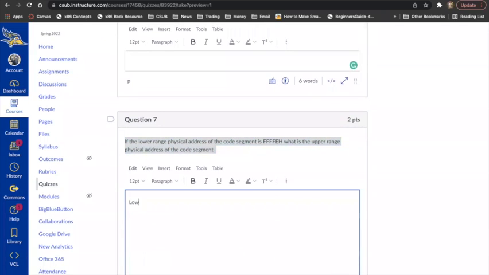The lower address has an offset of 0000. The upper address has an offset of FFFF.